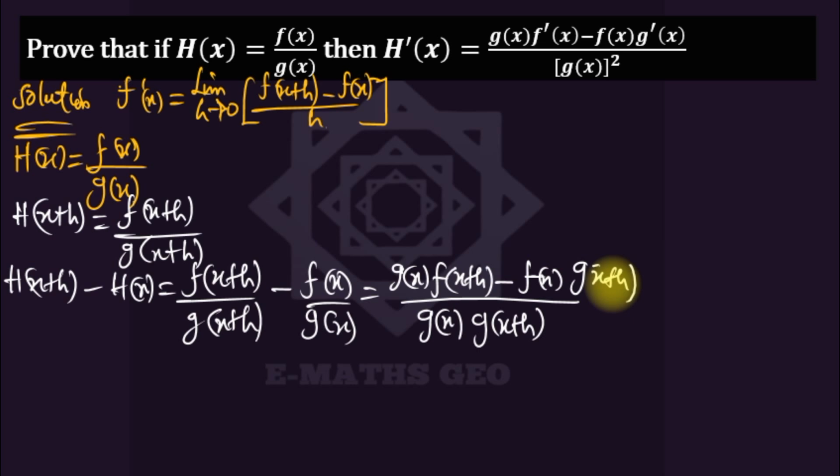So let's look at what we are asked to prove. We are seeing g of x and we are seeing f prime of x, but we have f of x plus h. How will I get f prime of x? For us to have f prime of x, we need to get this. So what do I do? To be able to get this, I'll need to add something and counter it.